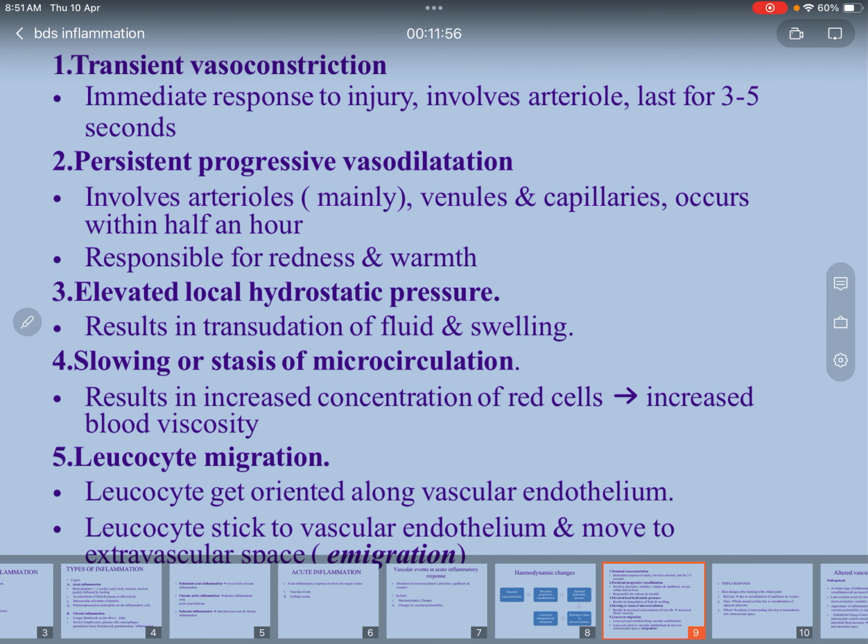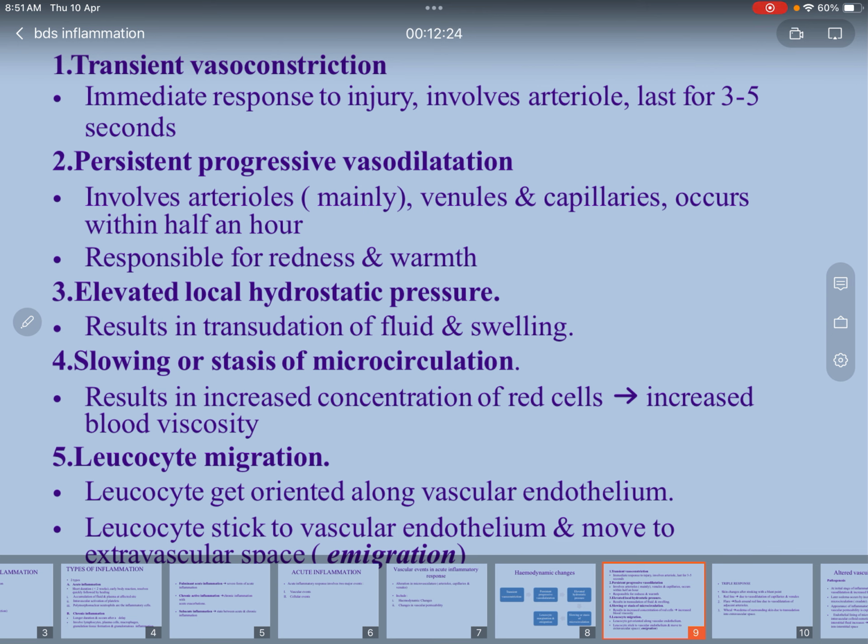Third one is elevated local hydrostatic pressure, which results in transudation of fluid and swelling. And the fourth is slowing or stasis of microcirculation, which results in increased concentration of RBCs, which produces increased blood viscosity.